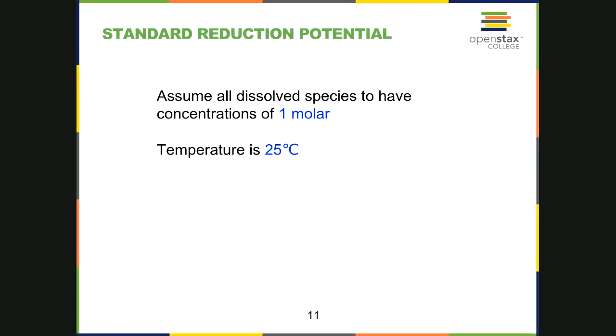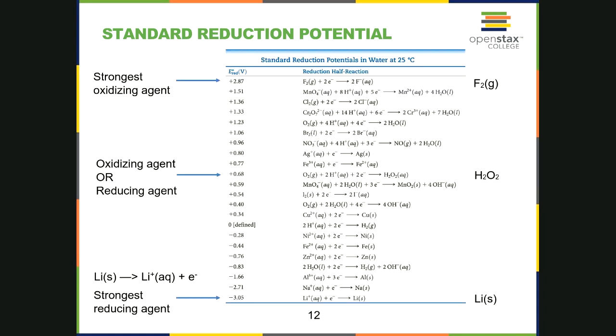So anyway, I believe that is on the previous slide: for these standard potentials, concentrations have to be 1 molar, and temperature has to be 25 degrees C. So everything in the table should correspond to that.